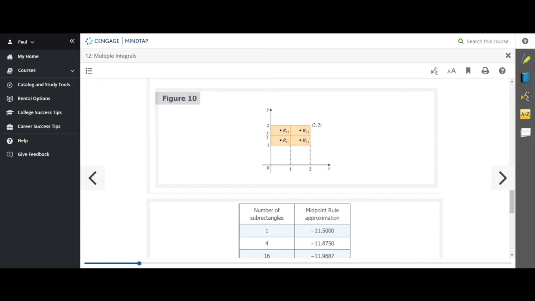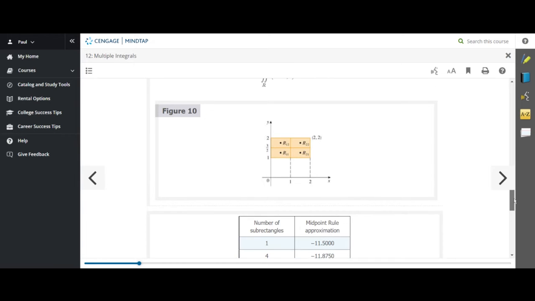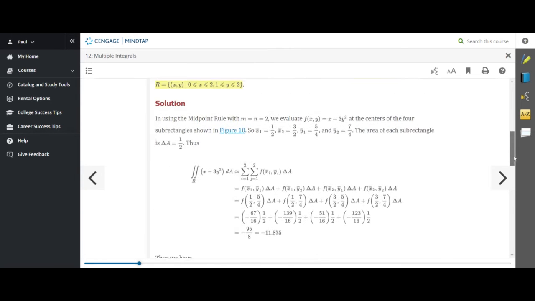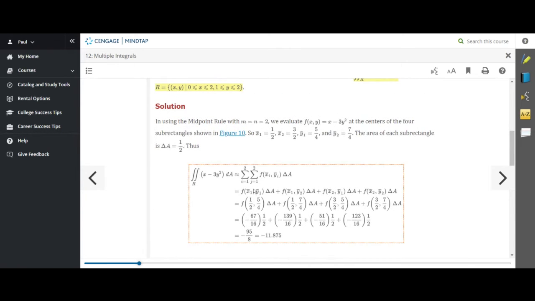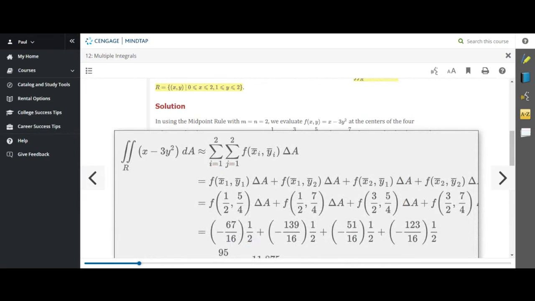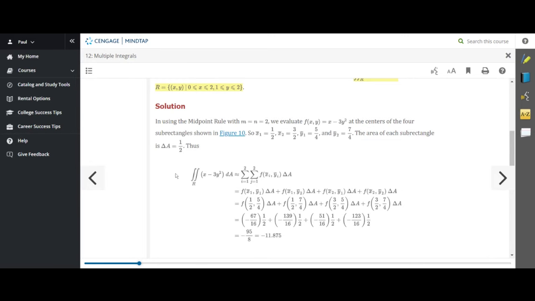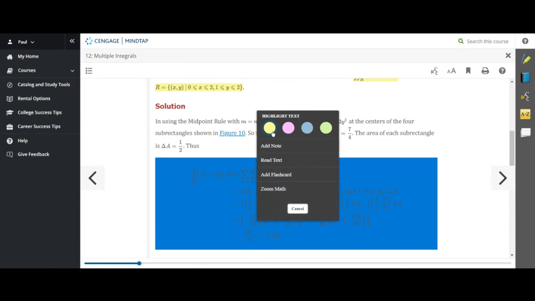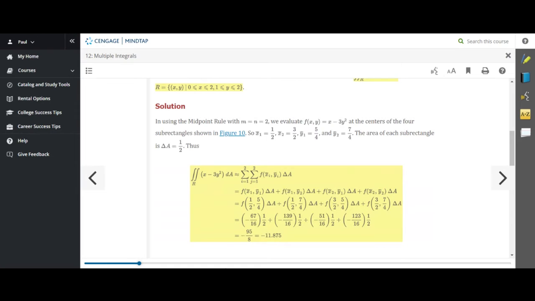I mean, this isn't rocket science here, although it can be used for rocket science, right? Then there's how you would compute it. You get your approximation for the volume.